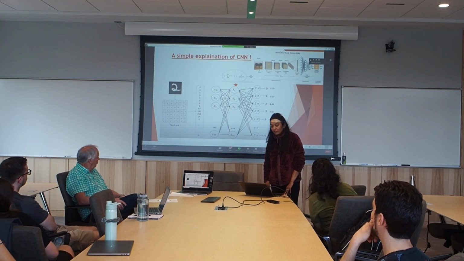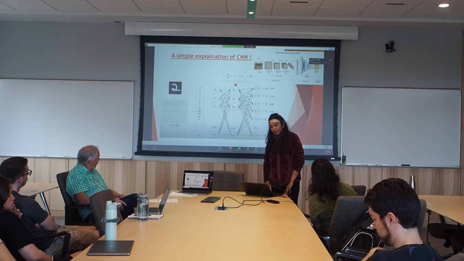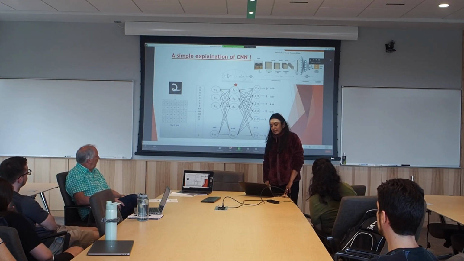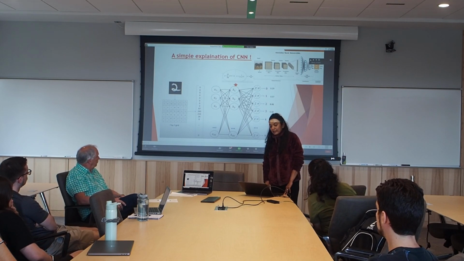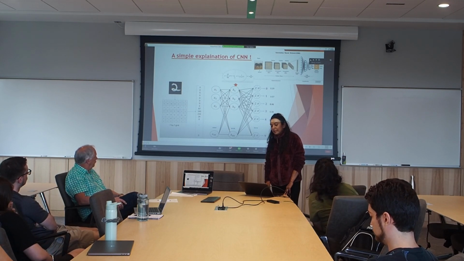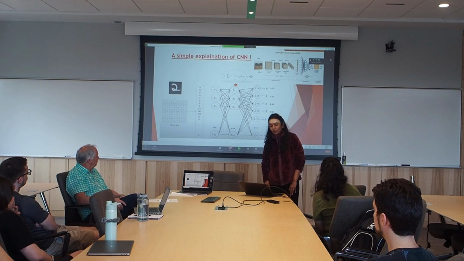For example, for the first one, the weight would be 0 because it's a 0. For the second one, the weight would be 0 because we don't have any information there, it's black. Then when it comes down, we have some numbers here, and it takes some weights. So it multiplies these inputs with certain weights, and it's a very simple linear relationship, where we know the equation of a line: y equals mx plus b, and that is what it is doing.